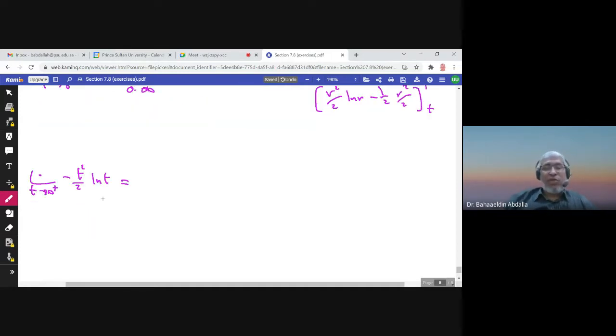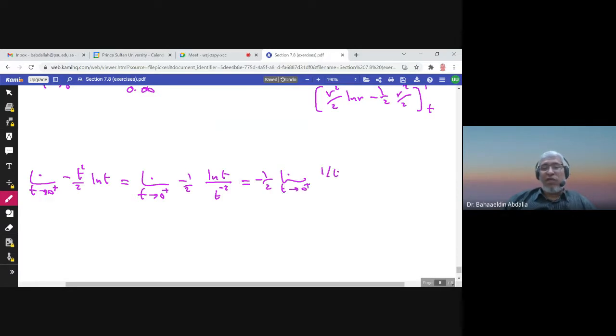It gives me 0 times infinity, so I need to take t squared down. Negative 1 over 2, there is no problem with it. I have ln t here and t to the power negative 2 here. And now 0 to the power negative 2 is infinity, so infinity over infinity, and I can use L'Hopital's rule.